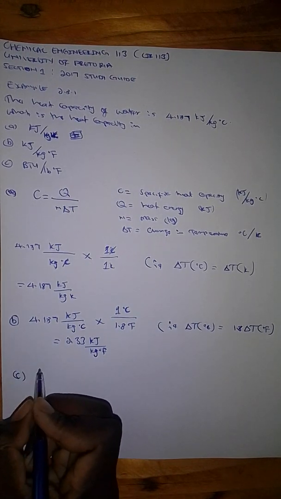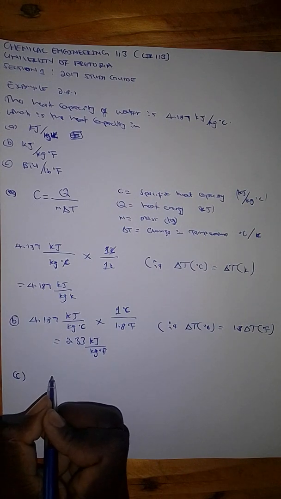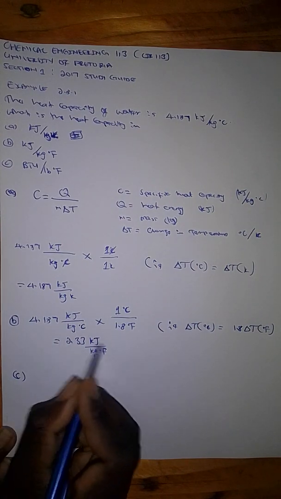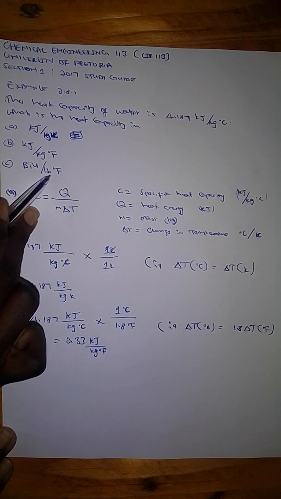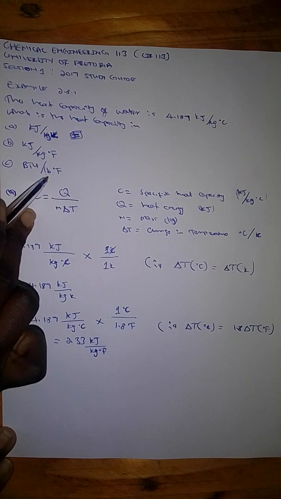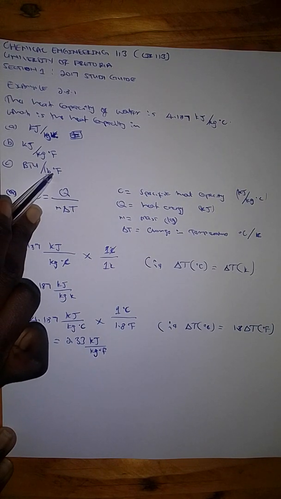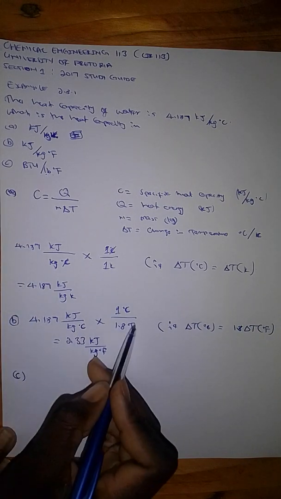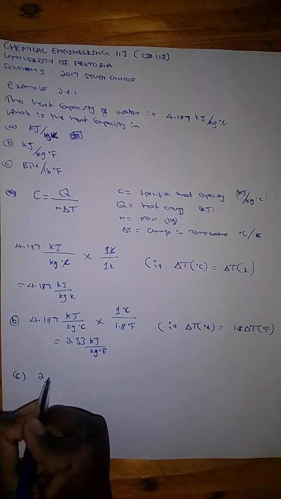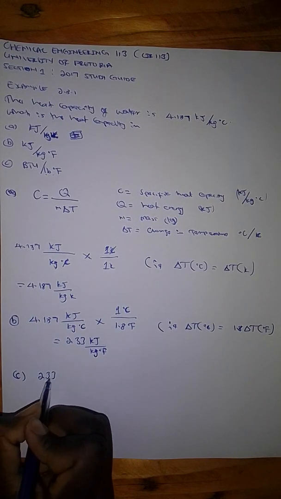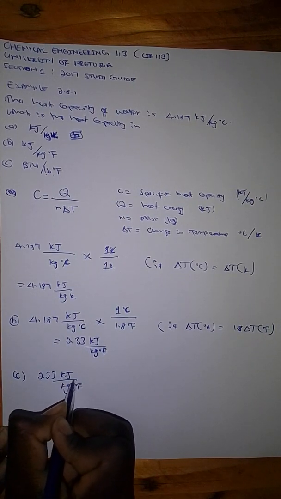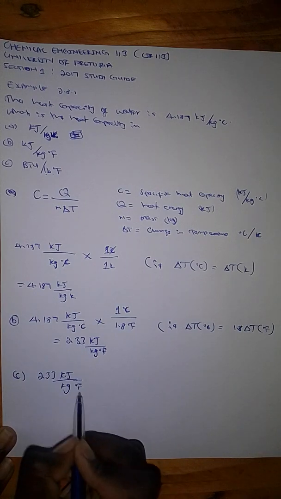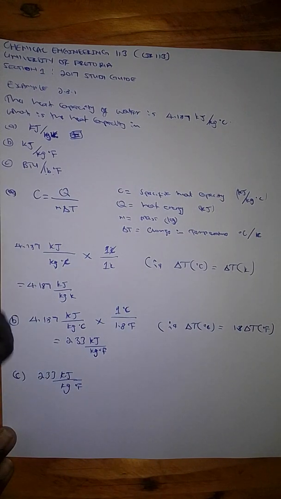Now our C, they want it in BTU per pound degrees Fahrenheit. But we've already converted our degrees Fahrenheit, so I can just say 2.33 kilojoules per kilogram degrees Fahrenheit. Remember that degrees Fahrenheit is already changed, which means for me to arrive at these units, I only need to change BTU and pound.